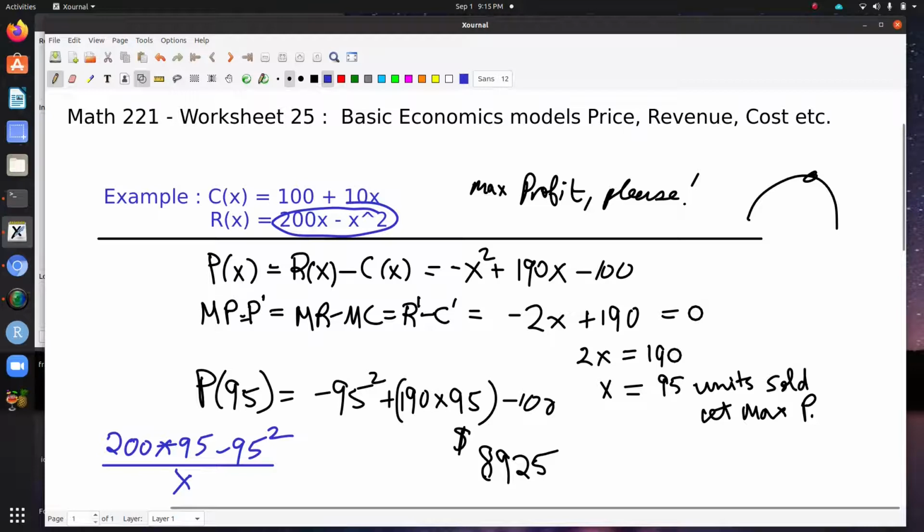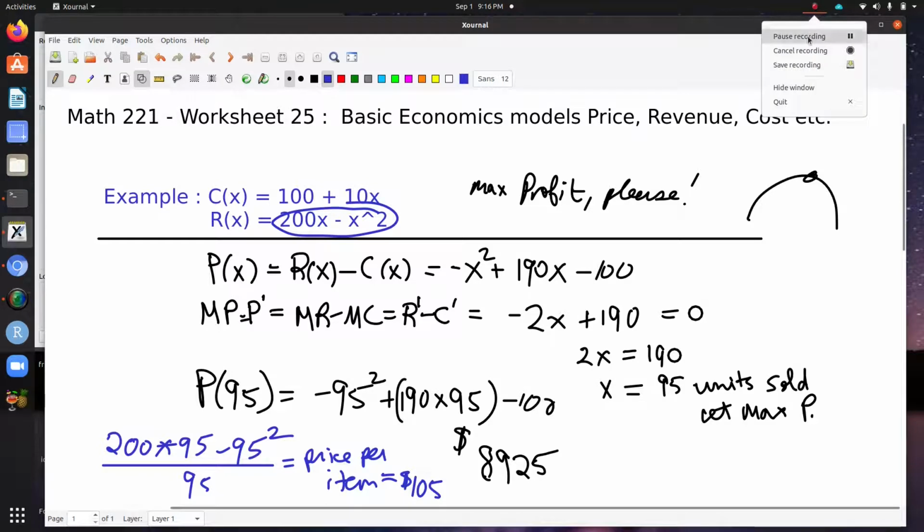This should be a times. The number of items is 95, and this gives the price per item. I'll go calculate that. And it looks like it's $105 per item, which is not bad for a question I just made up on the fly.